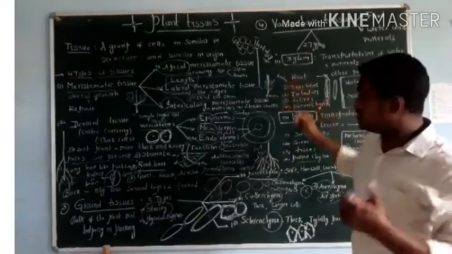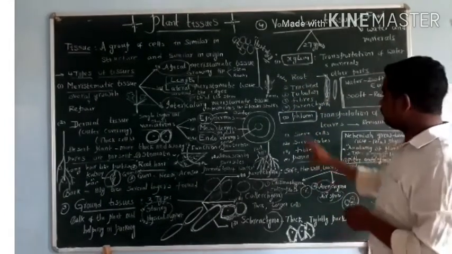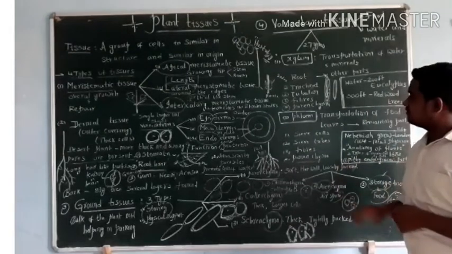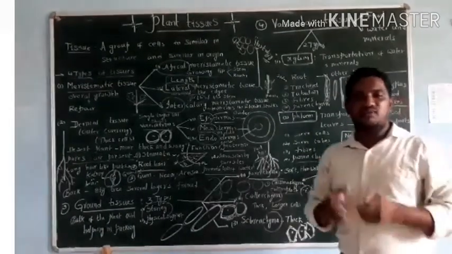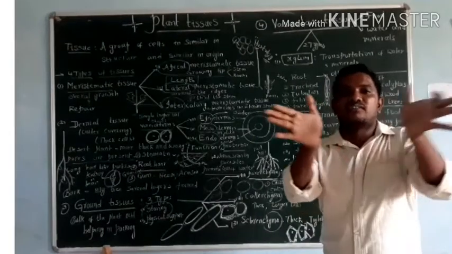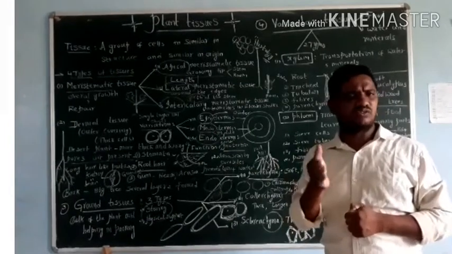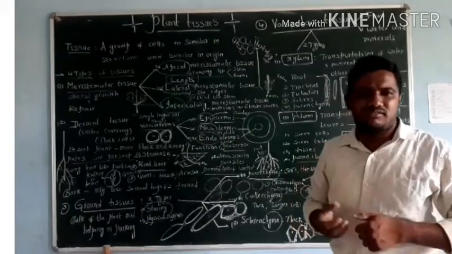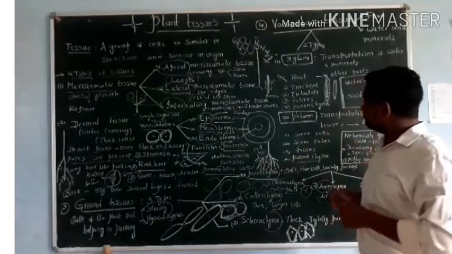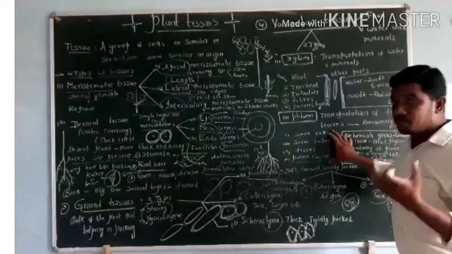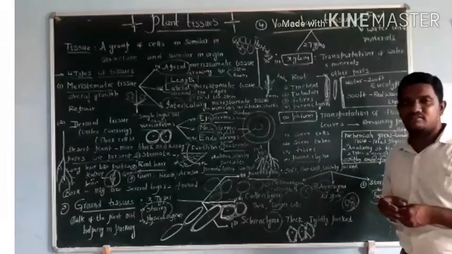The second vascular tissue is phloem tissue. What is phloem? It transports food materials from the leaves to the remaining parts of the plant body. It is bidirectional. It contains important cells: sieve cells, sieve tubes, fibers, and parenchyma.